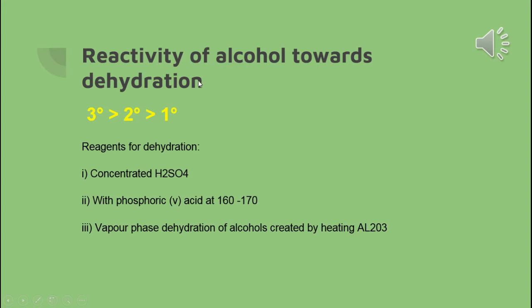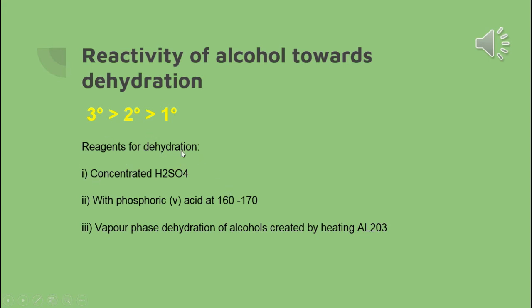Reactivity of alcohol towards dehydration. The third degree alcohol is more reactive towards the reagents of dehydration compared to second degree alcohol and first degree alcohol. What are the reagents for dehydration?